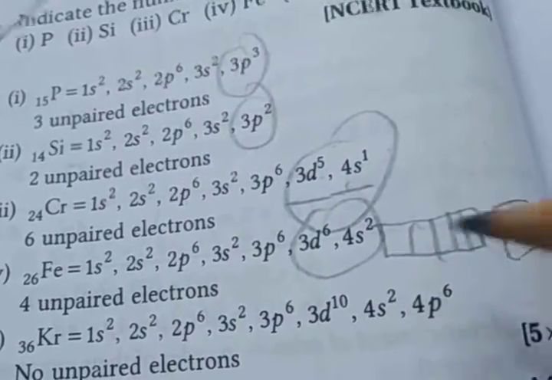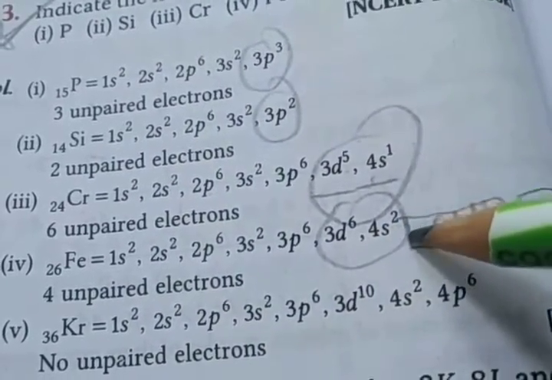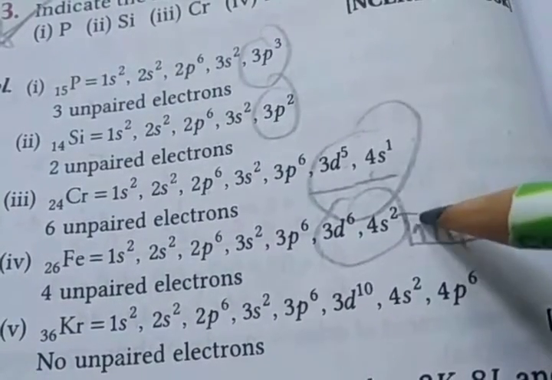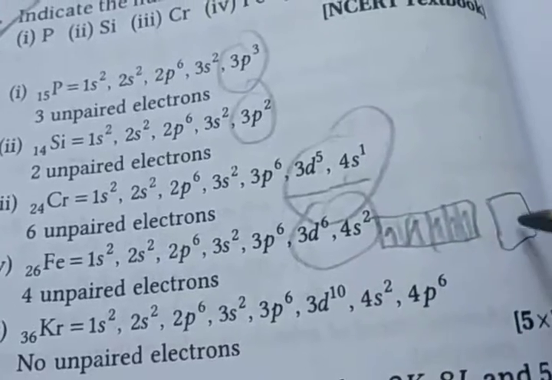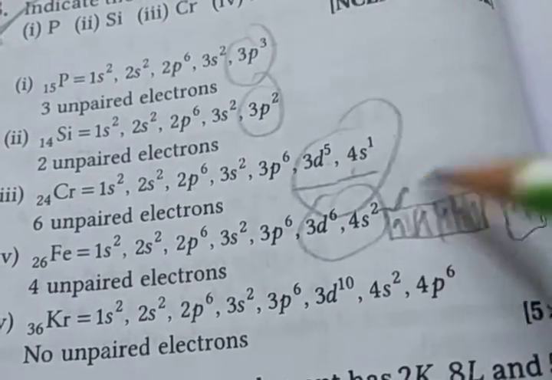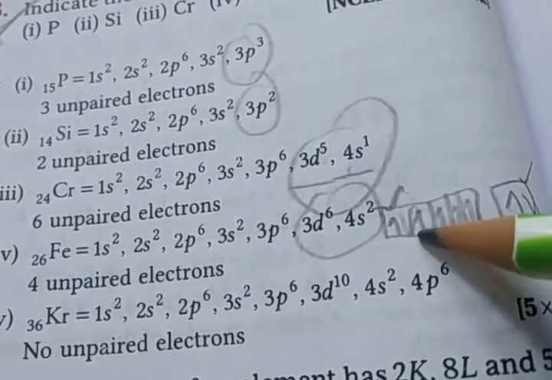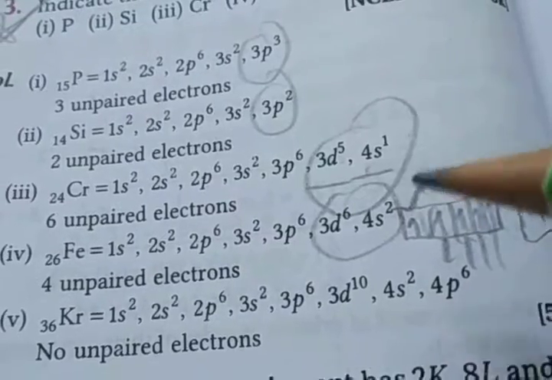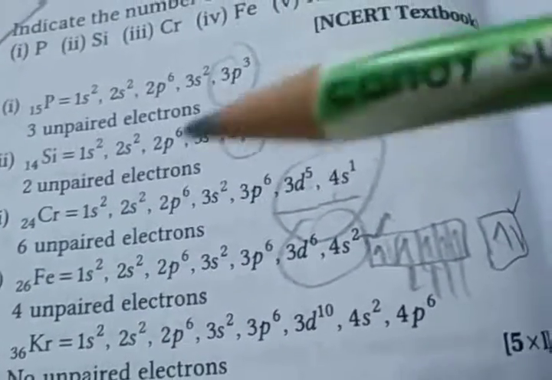So filling the electrons: 3d6, 1, 2, 3, 4, 5 and 6, and 4s2, here 2. Okay, so how many unpaired electrons? This is paired, this is paired. So only 4 electrons, 1, 2, 3 and 4. 4 unpaired electrons. Right? Got it?